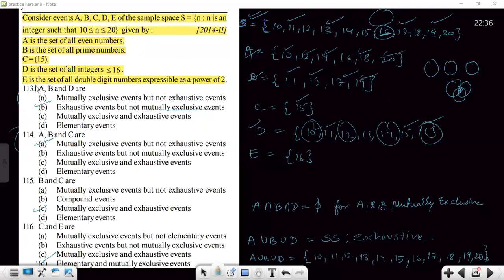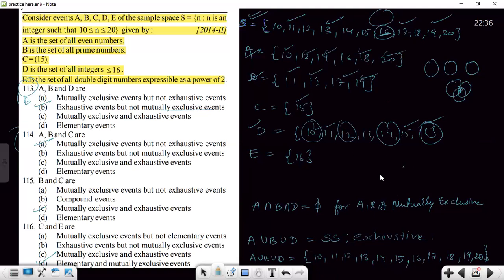Why B is the correct option for the 113th? Because A intersection B intersection D is definitely phi only, but they wanted that A intersection B should also be phi, B intersection D should also be phi, A intersection D should also be phi. That's the reason.